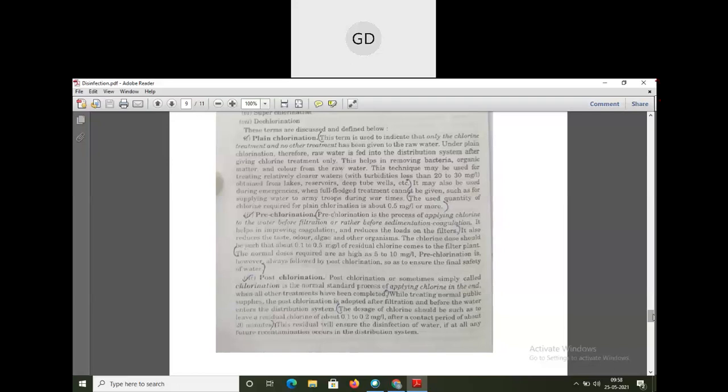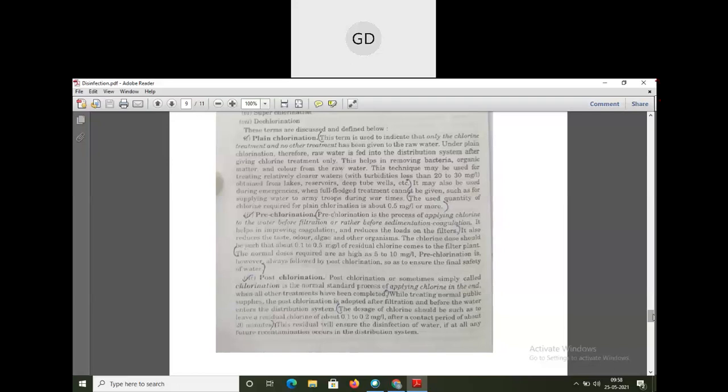This treatment helps in removing the coagulation, and so the load on the filters will obviously be less. Before doing the filtration or the sedimentation coagulation process, if the water is treated, then the sedimentation tank and filter loads will be less, isn't it?